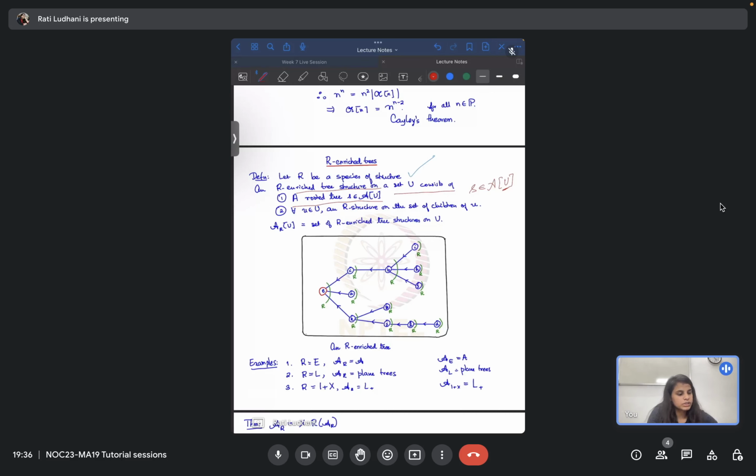So what does that mean? For example, these points A, B, C, D and so on are in U. You consider the rooted tree, and for every u belonging to U, for example C, there exists an R structure on the set of children of C. How many children are there?